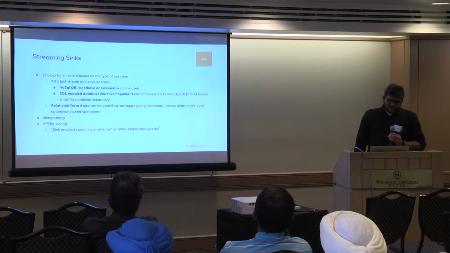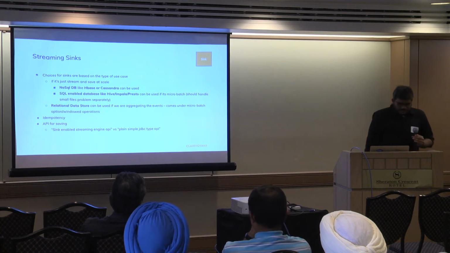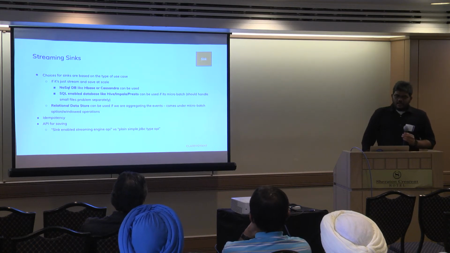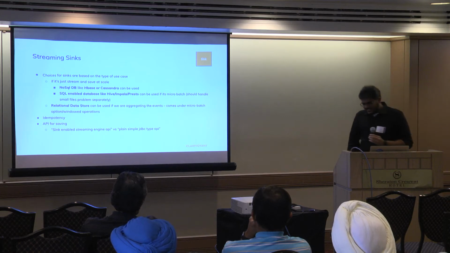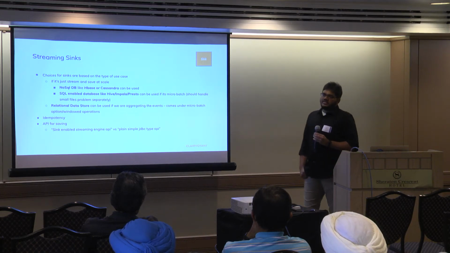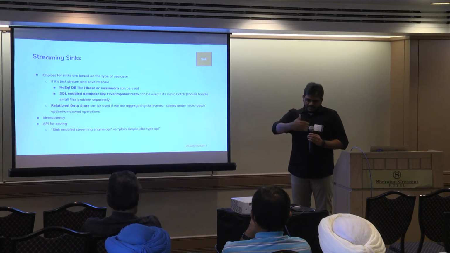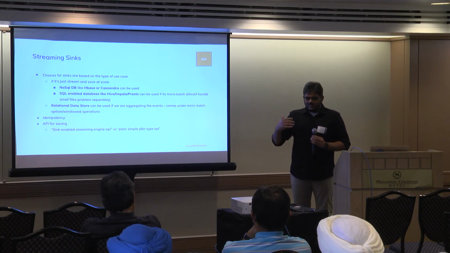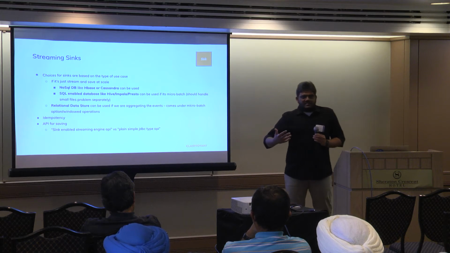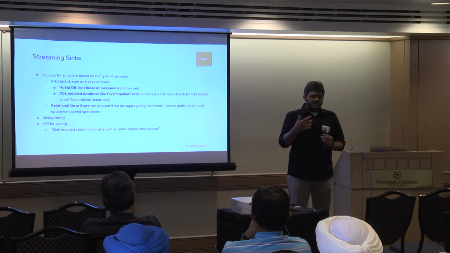And the last one is the API for saving. When you choose sinks and the APIs to do your development, there was very little support when I started with streaming jobs, for HBase and Cassandra. The famous streaming framework is Spark.